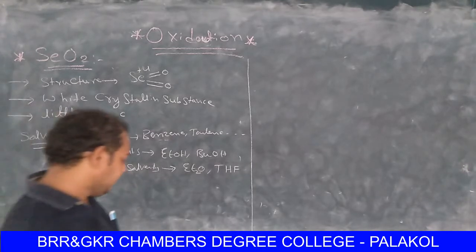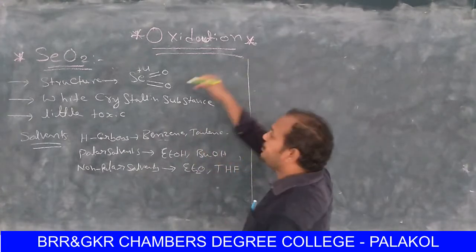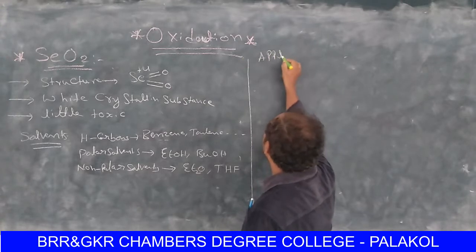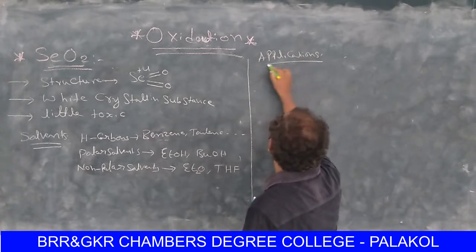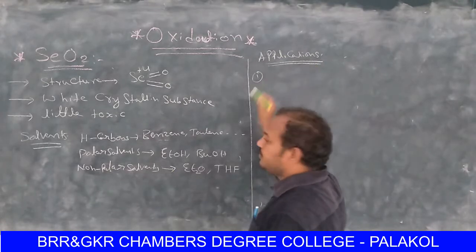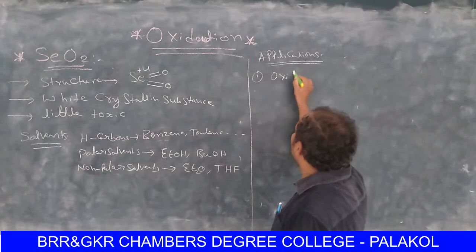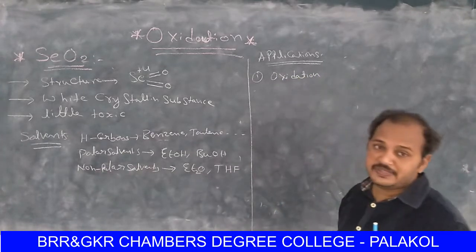Let us see its applications. Why do we have to use SeO2? We can oxidize the alpha position of an electron withdrawing group.